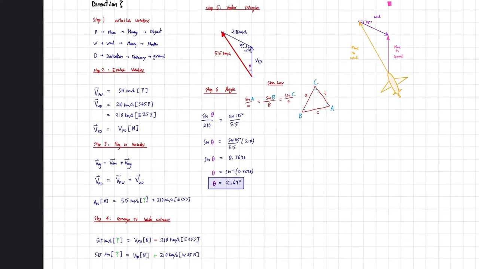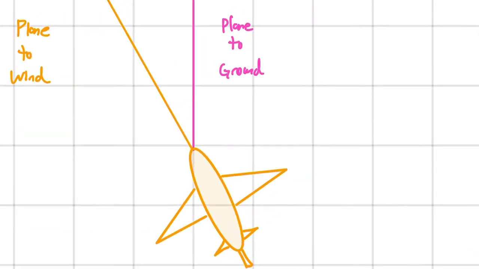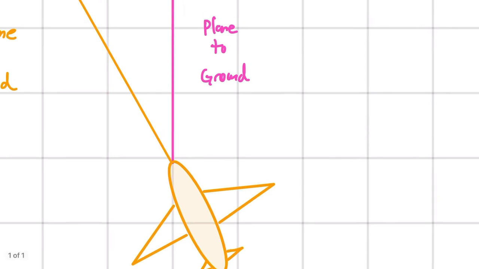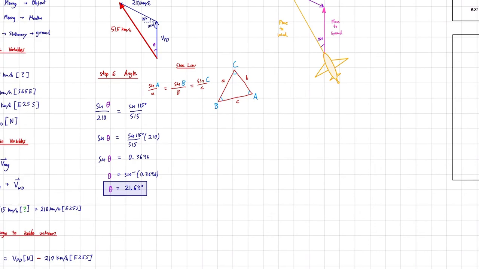And that is our answer. That is our heading. What will be the plane's heading? What direction will the plane point in? Well, this plane is going to point, I'm going to round it to 22 degrees here.